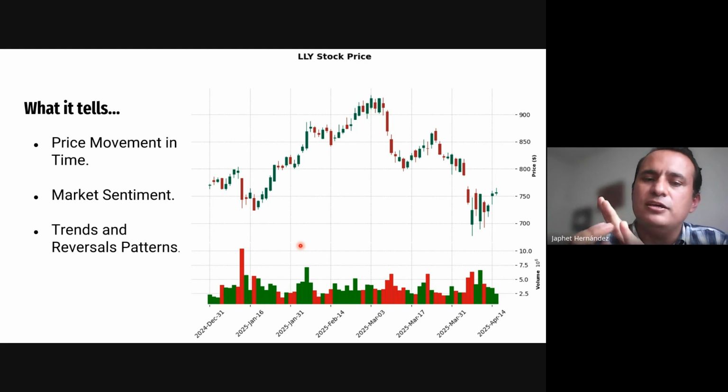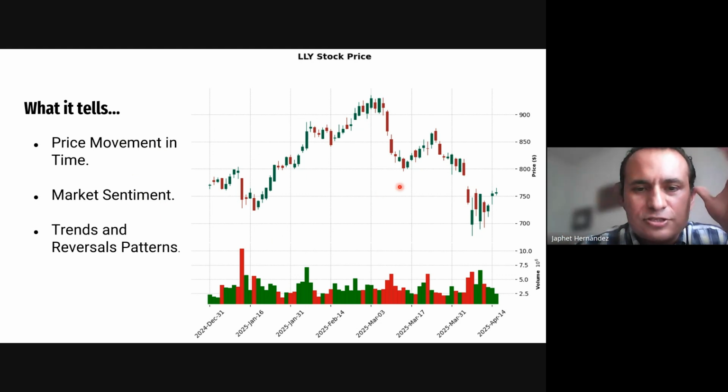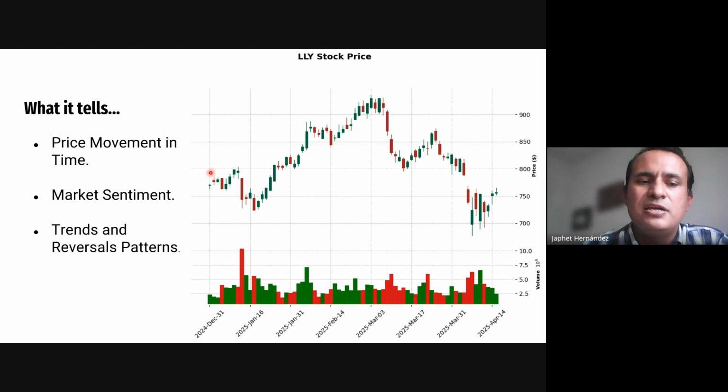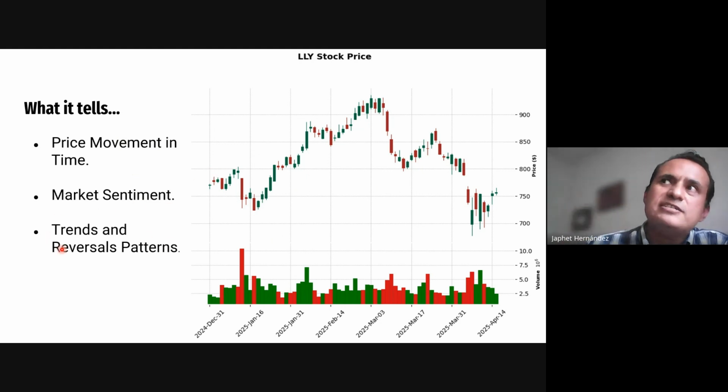It shows the opening price, the closing price, the highest price in the trading day, and the lowest price. So what it tells is price movement in time. And some of the shapes that this candlestick takes can let you know the market sentiment and advise you about trends and reversal patterns.